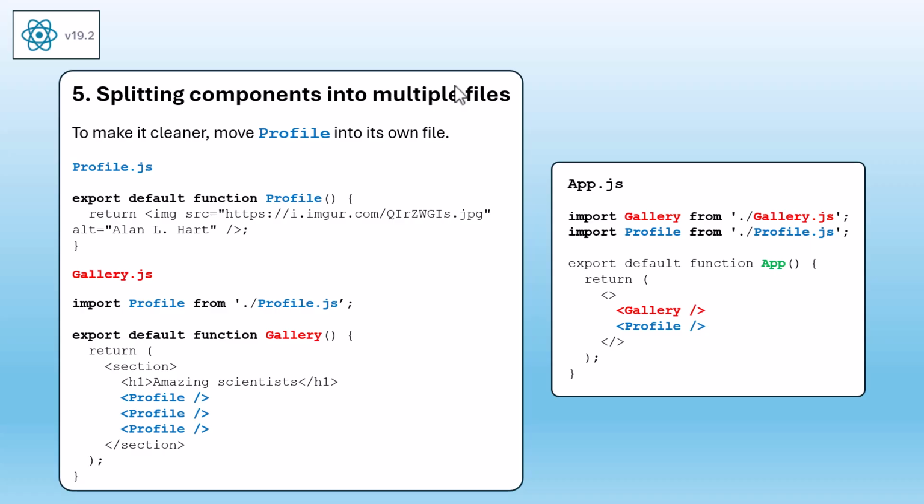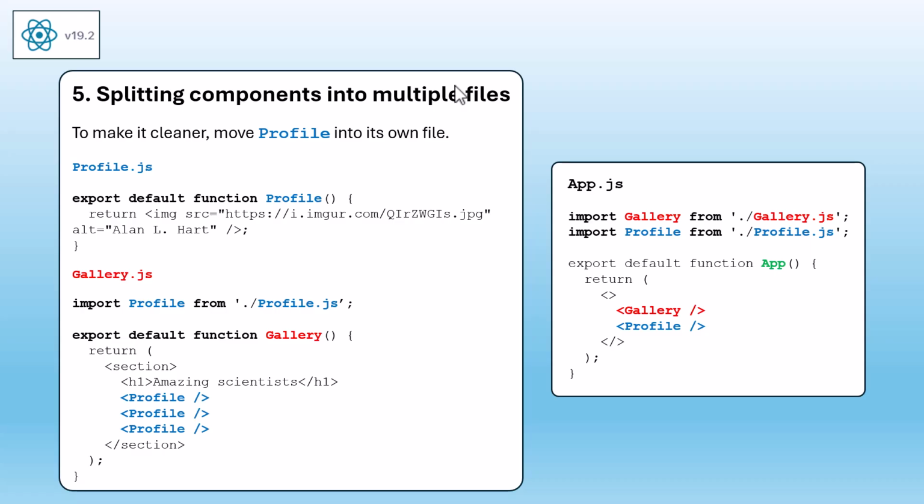But now we're going to move profile into its own file, called profile.js. In profile.js, we simply define the component and export it as the default export. This means that profile.js's main purpose is to define and share the profile component. Then, in gallery.js, we import profile from the new file.